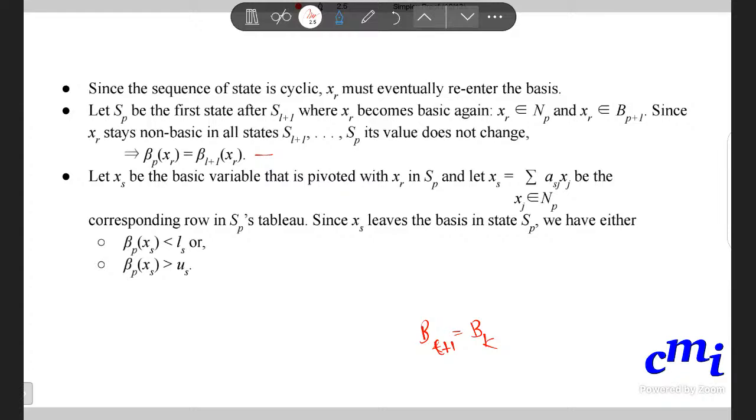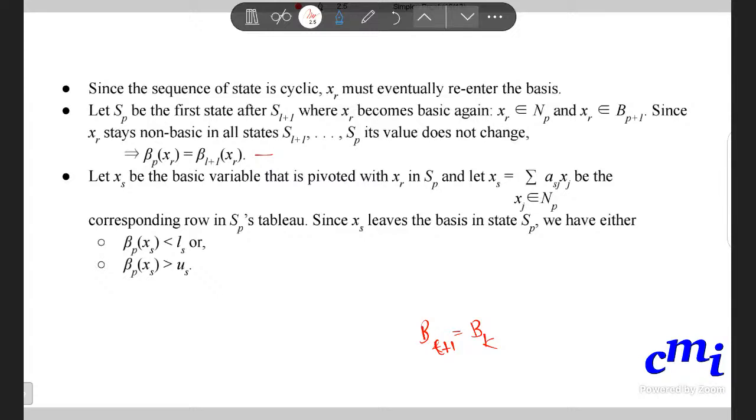That's correct. So as long as it is in the non-basic set, it will not change. It is only adjusted when it moves back, but as soon as you do that, it is pushed into the basic set. Okay, go ahead.